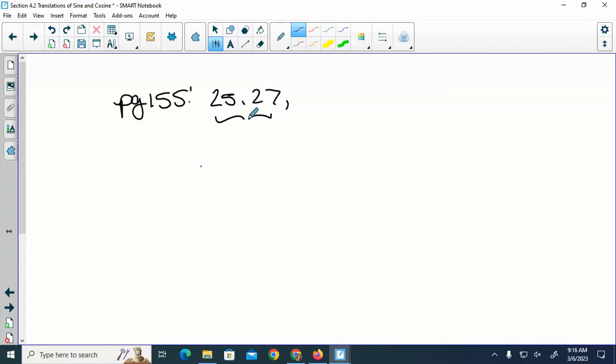Those were listing information. I told you you had to do the amplitude, period, and the interval. Then 33, 35, 37, and 41. No, is that right?